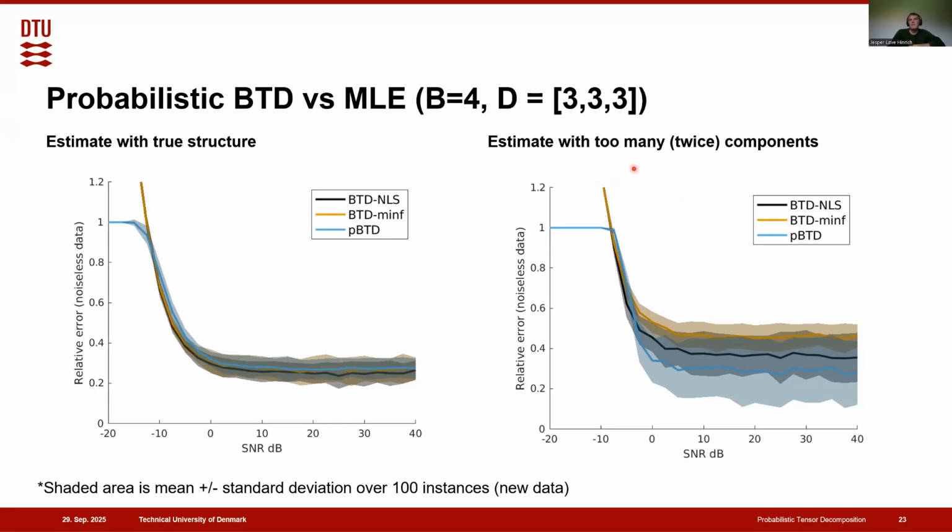And if we have too many components, so rather than the true structure of 3,3,3 we now use 6,6,6, we see immediately that the variance in the data grows, but it's still significantly better than the mean here.